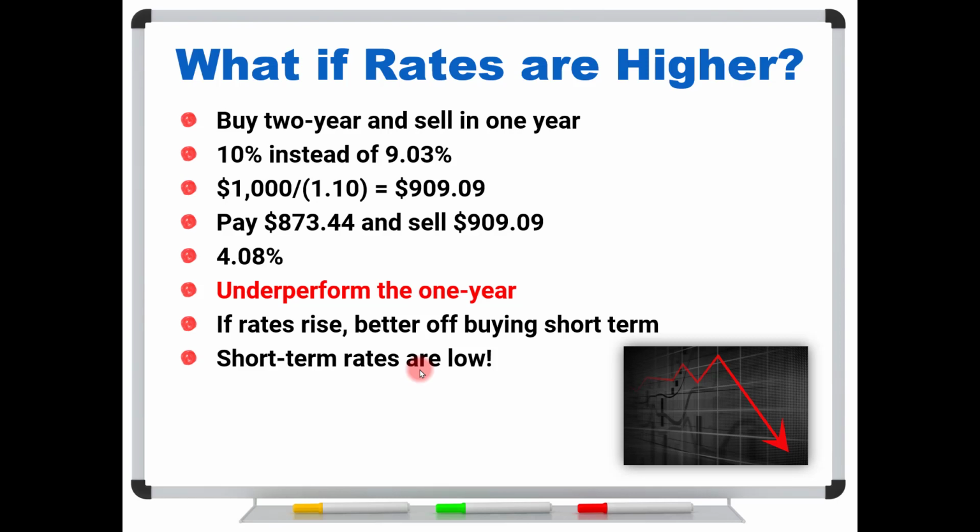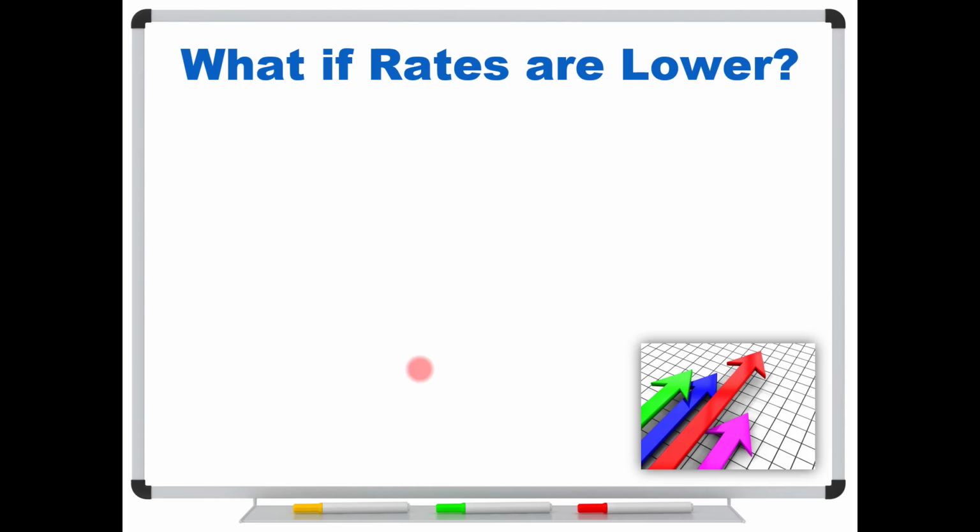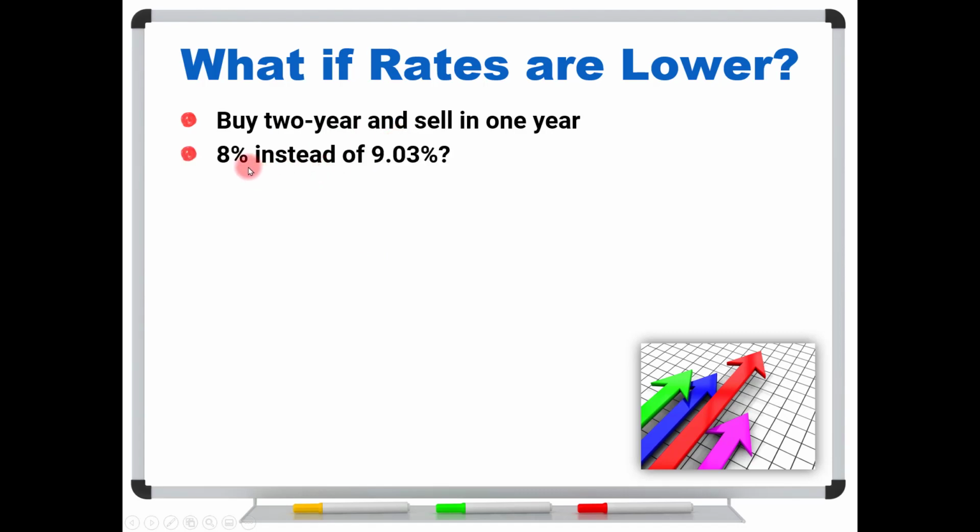All right, well, now let's look at the flip side. What if rates are lower? So remember what our goal is here. We're going to buy the 2 year and sell in 1 year. But let's say that they're actually 8% instead of this magical 9.03% number that we need to be indifferent. They're actually lower.